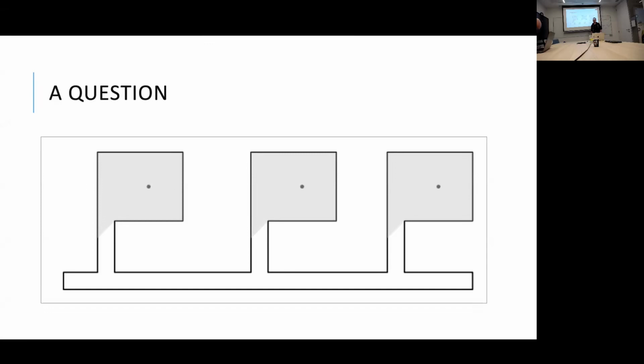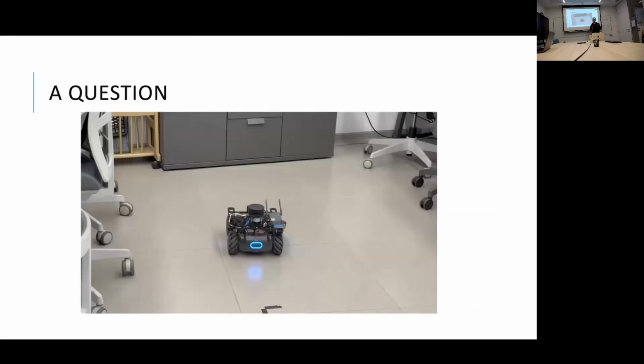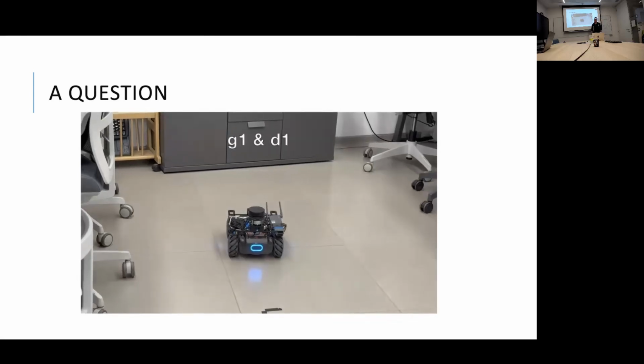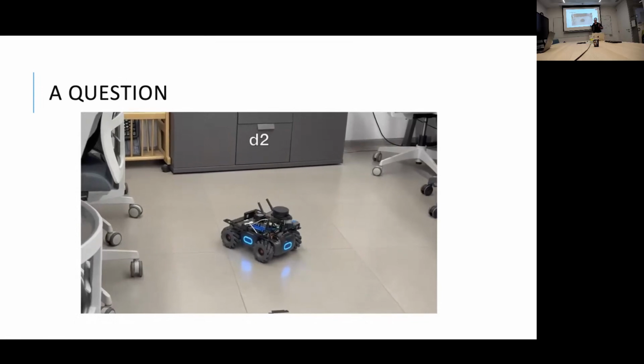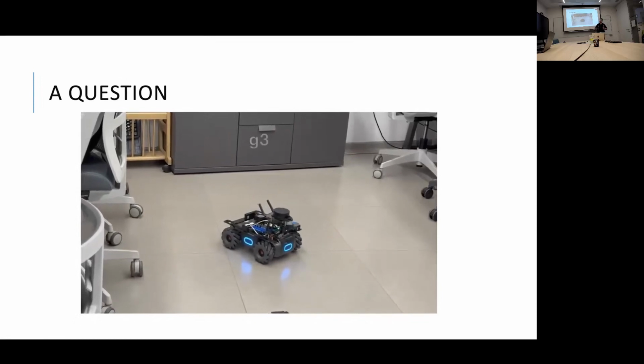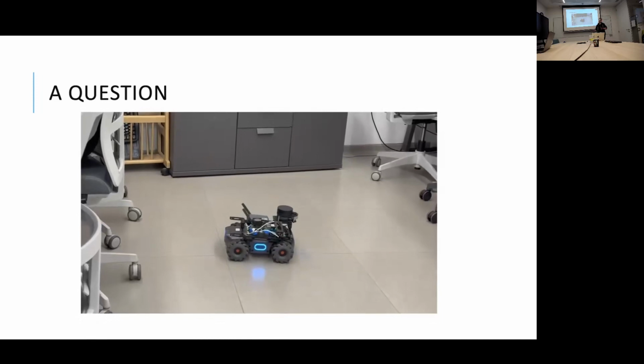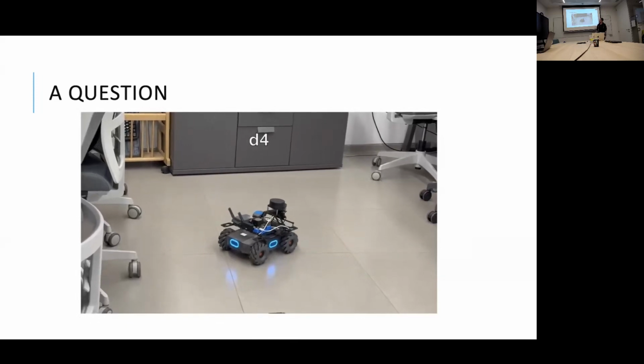But we're not going to give up. So let's have this setting where we still have a robot in the room, and I hope it's fine in Zoom. It takes a measurement, T1 for example, does some sort of movement like translation or rotation, takes another measurement, and so forth.